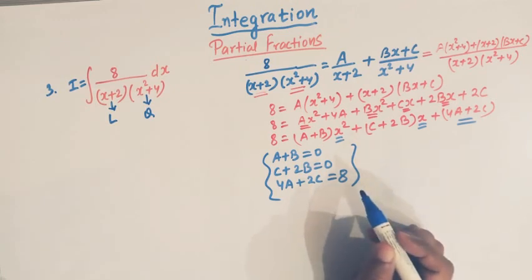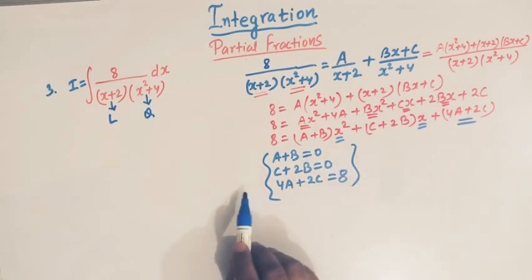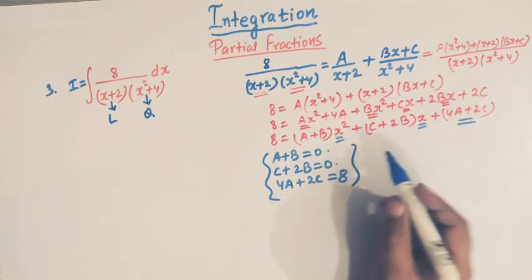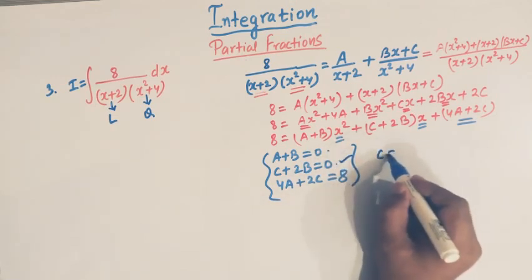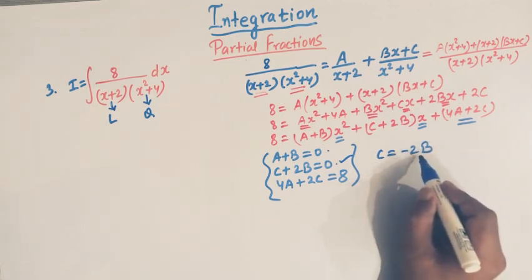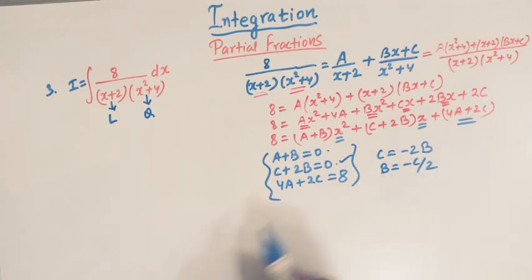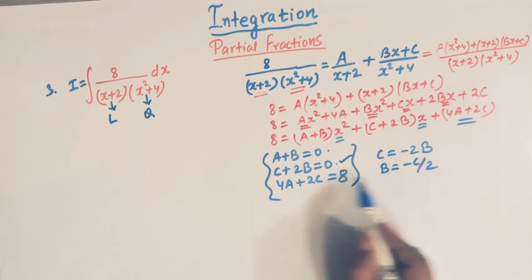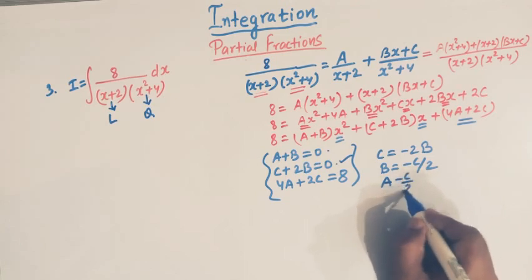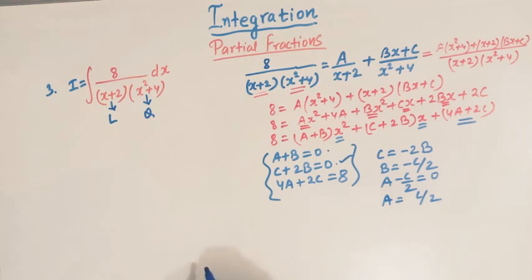So first of all we can solve these two equations, right? From this equation we have C equal to minus 2B, or we can say B is equal to minus C by 2, and substituting this value in the other equation, we have A minus C by 2 is equal to 0. So A is equal to C by 2, right?